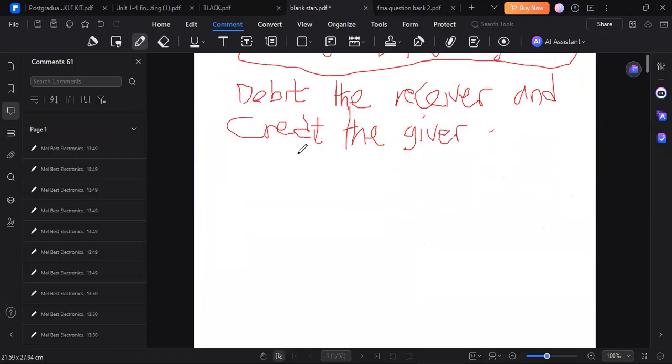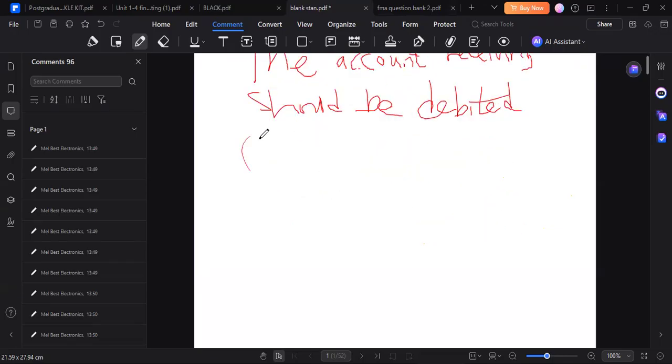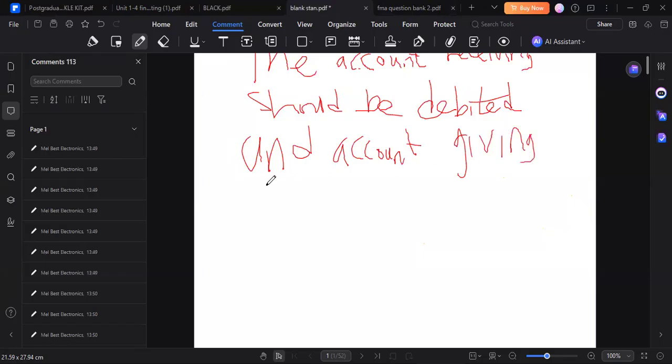Okay? So the one receiving should be debited. The account receiving should be debited, and the account giving should be credited.